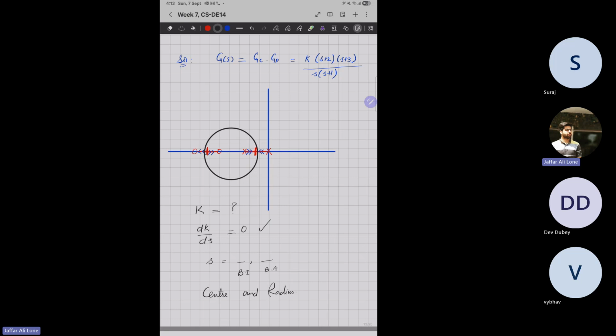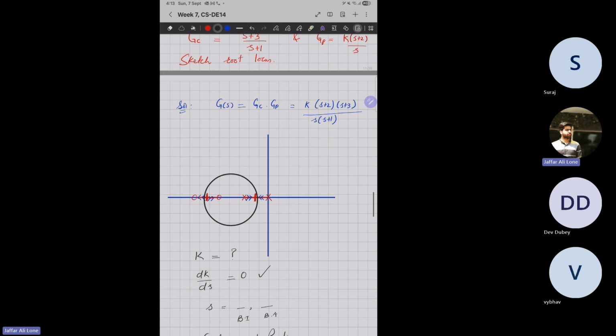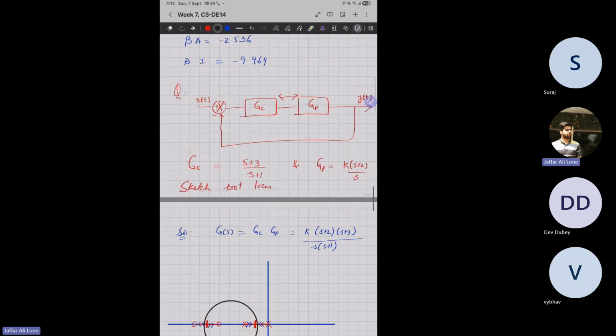These types of questions you might expect in GATE because nothing is given directly. You'll be asked, what is the shape of this? You're given a closed loop control system as shown in the diagram with GC and GP given. The root locus of this will be, then there will be options: circle, ellipse, hyperbola, or parabola, right?